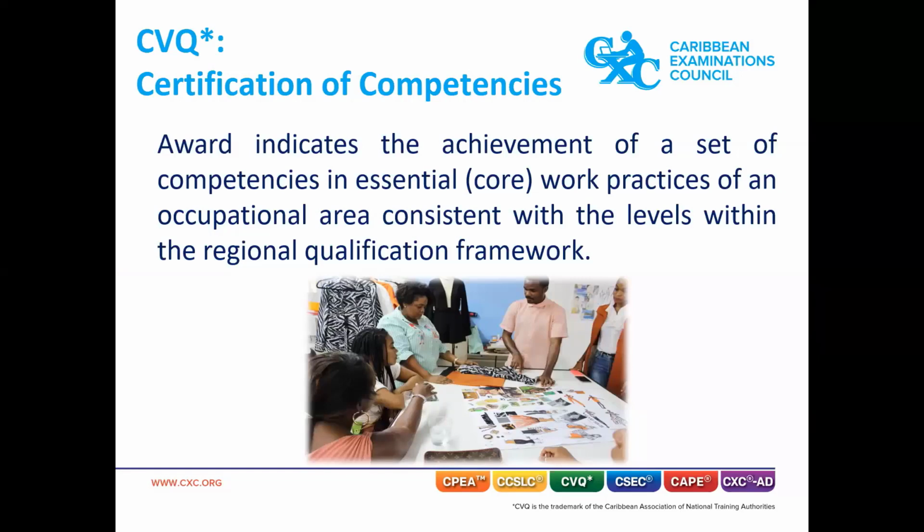What is the CVQ? Did you know that the CVQ award indicates the achievement of a set of competencies in the essential work practices of an occupational area with the levels within the regional qualification framework? Yes. So some of you are doing level 1, some of you are doing level 2.